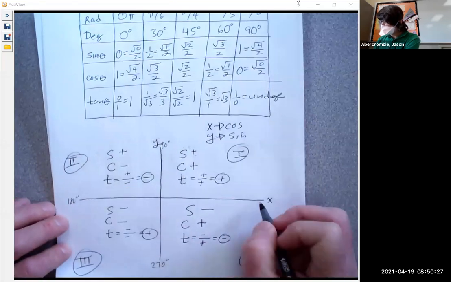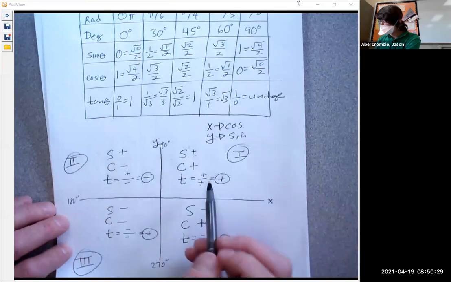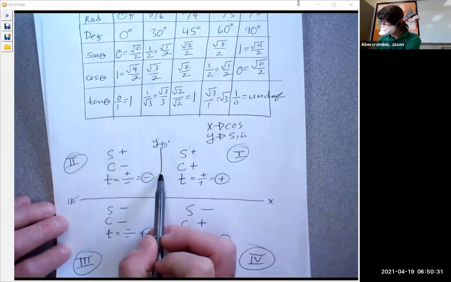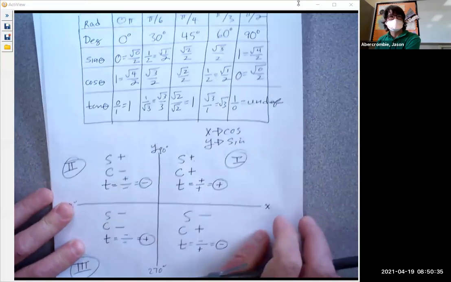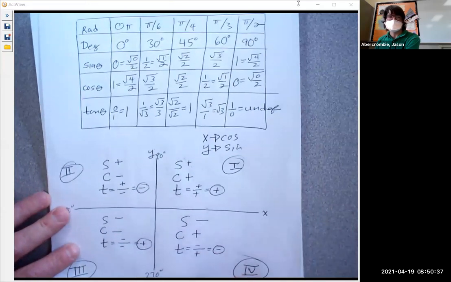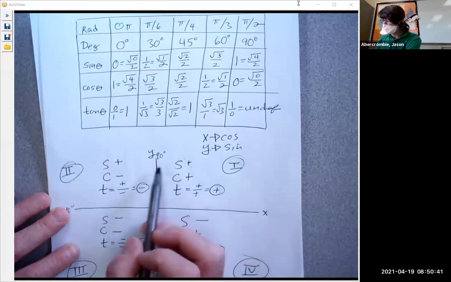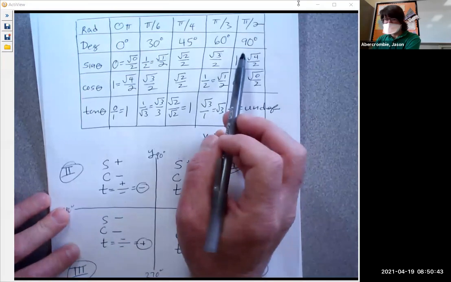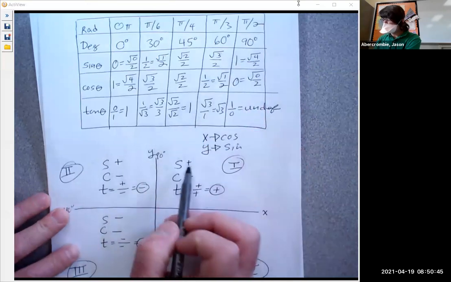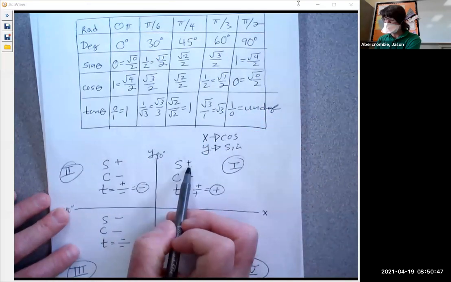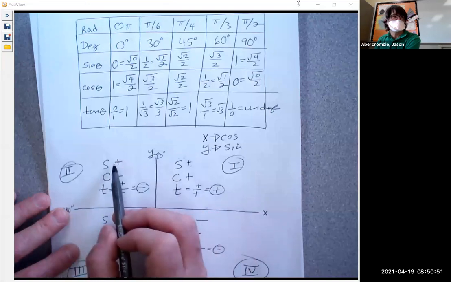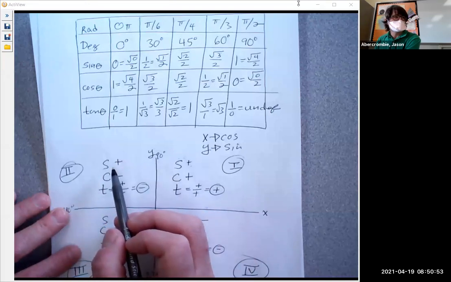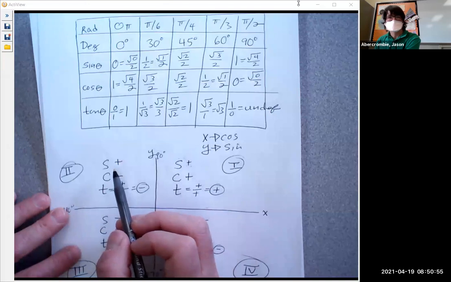When you're on the actual axes themselves, 0, 90, 180, 270, for sine and cosine, they can basically only be +1, -1, or 0. So why is sine of 90 +1? It's because right here at 90, you go from a positive number to a positive. If you go from one positive to another positive, what did you skip over? You skipped over a positive.